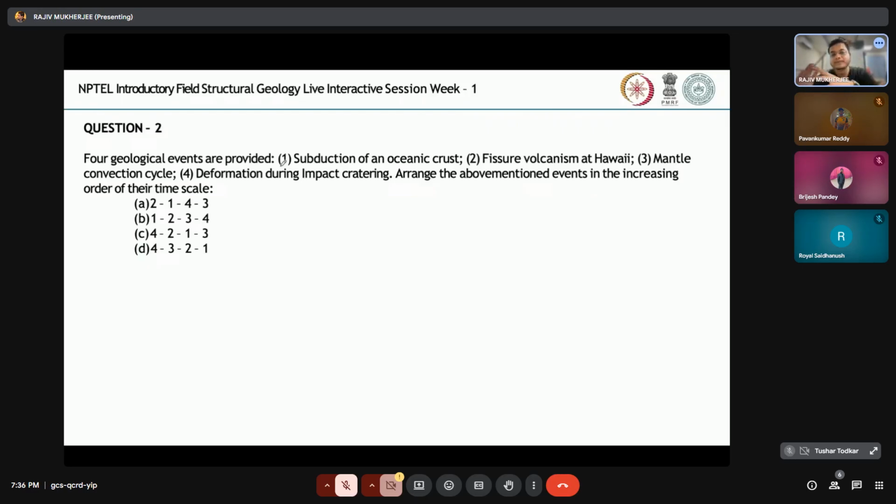Okay. You guessed it almost right, except for one sequence. Can I guess again? Yeah, sure. Any multiple times. There is no C option, 4213. 4213. Yeah. So 4 is impact cratering, 2 is fissure volcanism, 1 is subduction. Yeah, correct. Option C is the right answer.